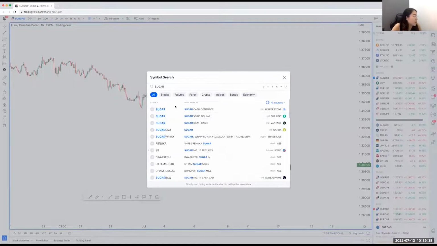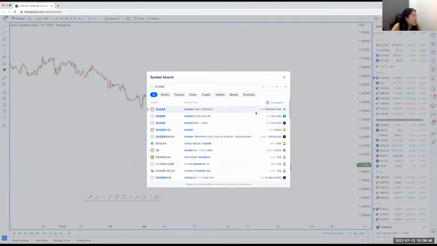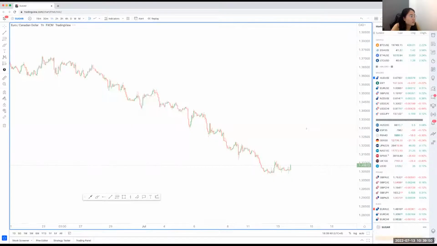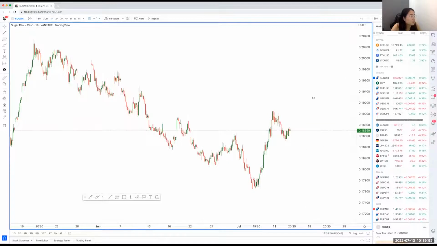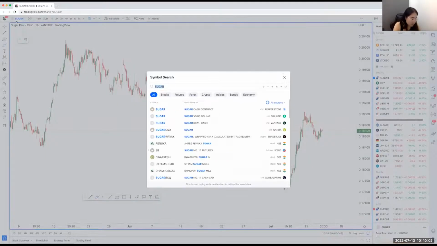Sugar is very uncommon, I think it's a future, it's usually a futures chart, right? Maybe let's do GBP NZD instead.